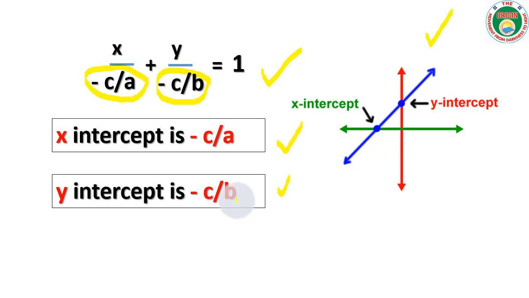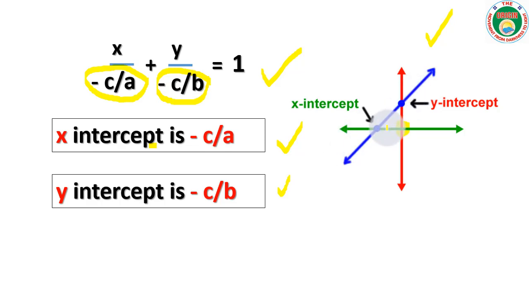When ax plus by plus c equal to 0 is a straight line, what is the intercept? What is the x-intercept? What is the y-intercept? Already we discussed, this is the origin. This is the line which intersects the coordinate axes, that is the x and y axes.